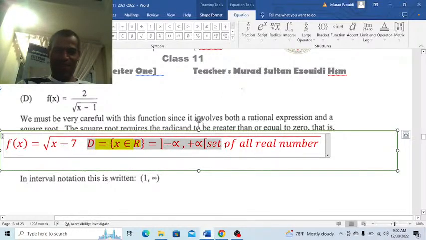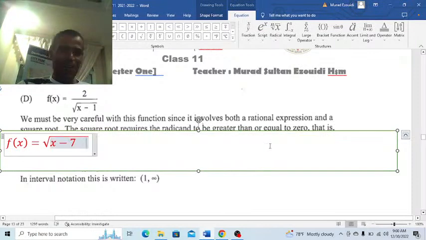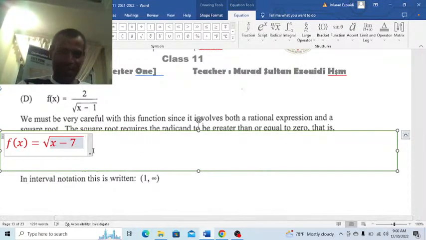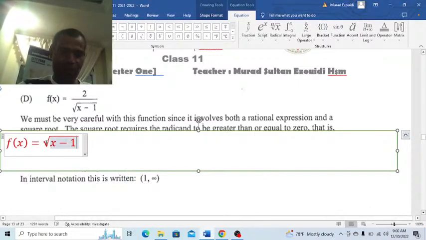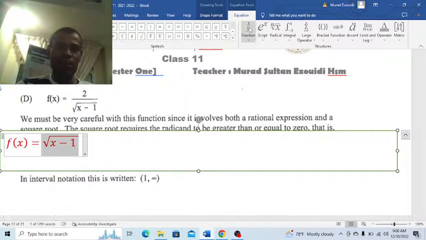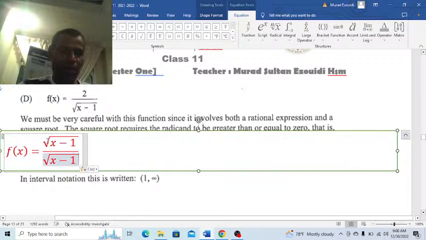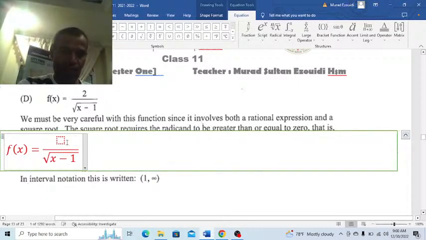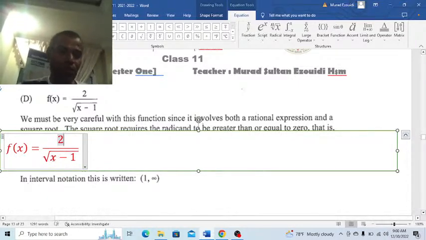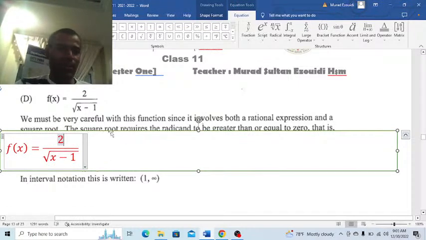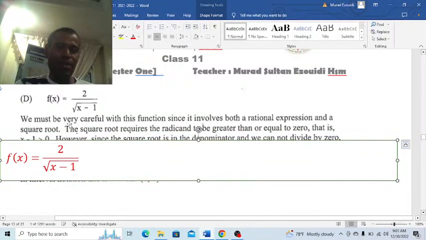Okay, so we told x minus 1. Clear? x minus 1. This is my function. But I should write 2 over. 2 over means I will make a fraction. Control V and I will write this is 2. Okay, this is my equation. First of all, you must be very careful with this function.